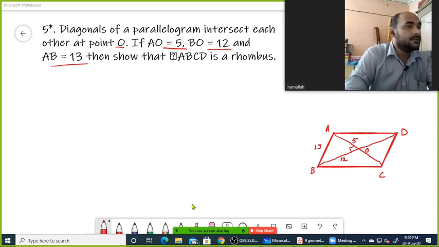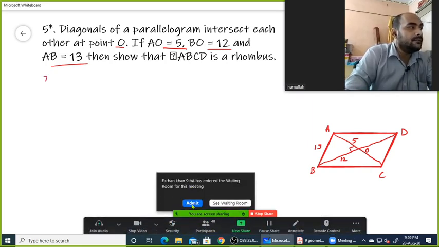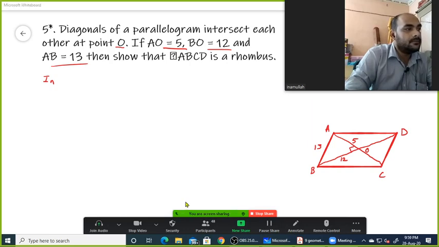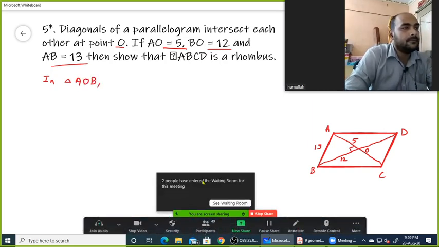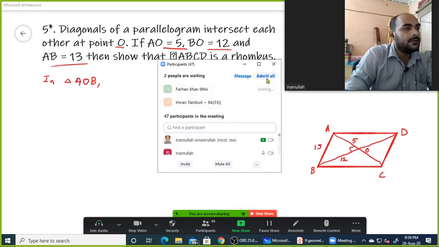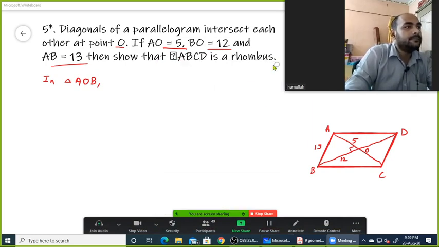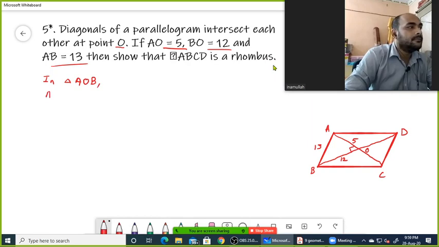Here the lengths in triangle AOB are already given. The length of AB is 13.